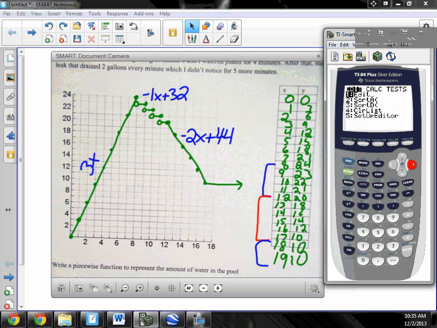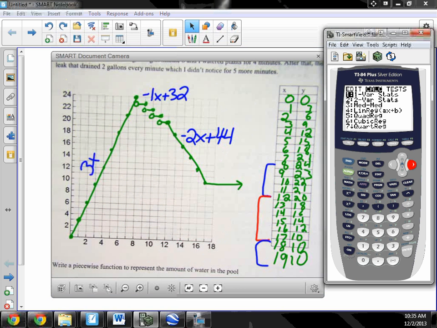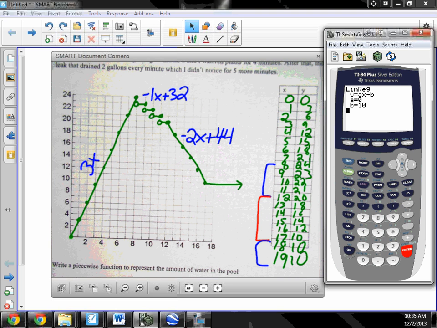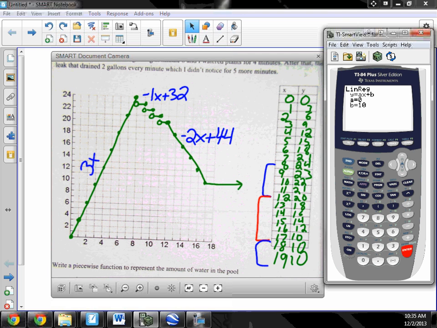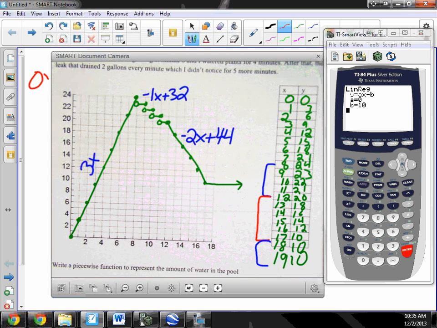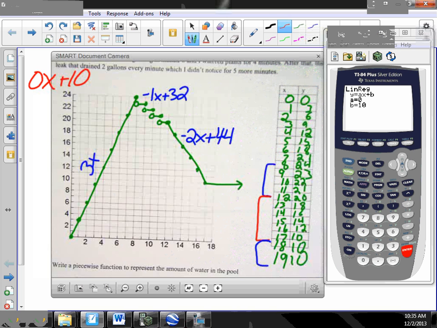Stat calc, number 4. What does that mean? 0x plus 10. That's kind of a weird function. So the calculator is telling us 0x plus 10. What is it really? It's just 10.